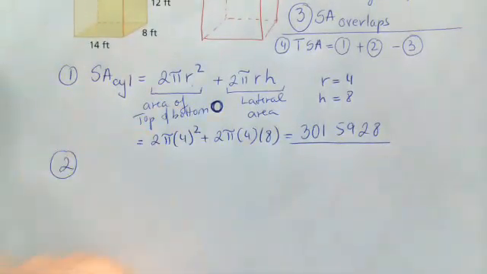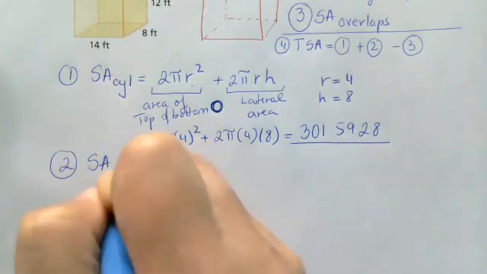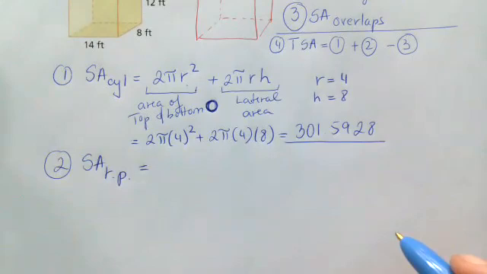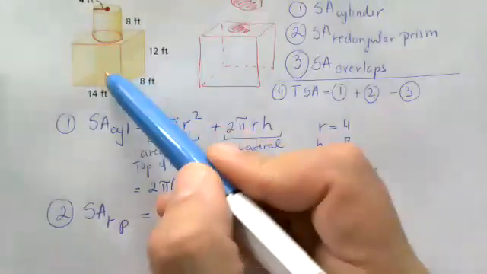Our second step is the surface area of the rectangular prism. Now for this one, we don't really have a formula, okay? We just have to imagine the netting, imagine all the sides of this box. And if they double up, then just double it because you don't want to do the same thing over and over, right? So we have a front and the back.